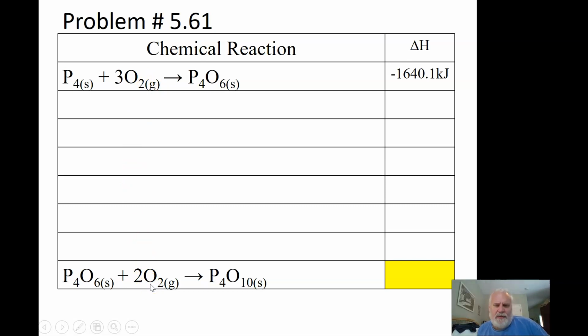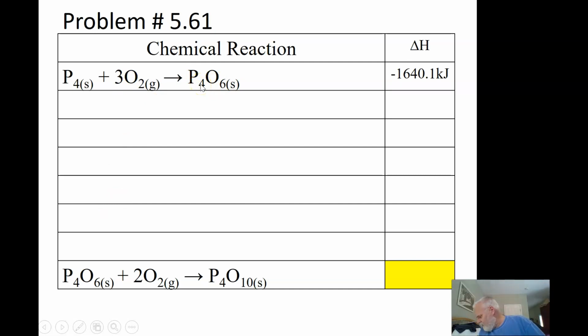One of the things you'll note is, hey, there's P4O6, there is no P4O10, and the oxygens are over here on the left side, but don't get too bent out of shape about that. Hopefully this will work out: the oxygens are on the left, but I need P4O6.